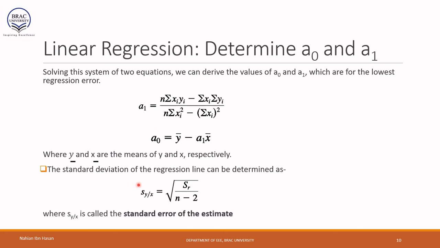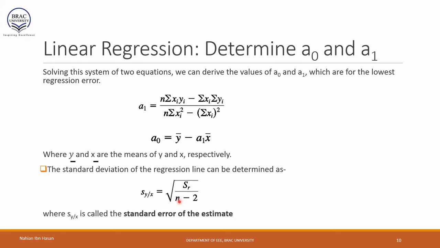Also, we can determine other parameters like the standard deviation of the regression line. Once we know the regression line, the fitted line, we can determine how that line deviates from the true values, and that is denoted by this formula SYX. This is the standard deviation of the fitted line or the regression line.